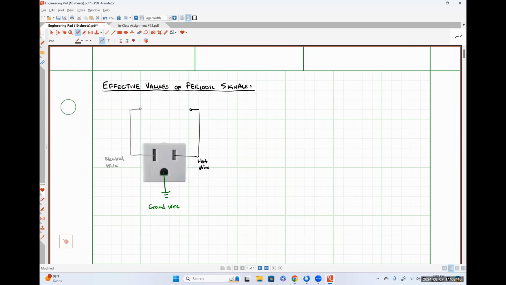So my question to you guys starting out here is, what voltage is supplied by one of these receptacles here in the United States? Is it 12? It is not 12. 120? 120, okay.